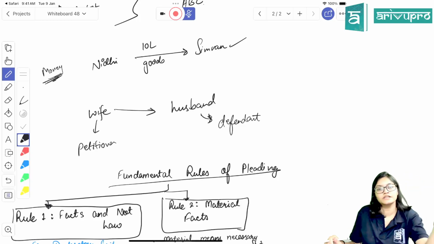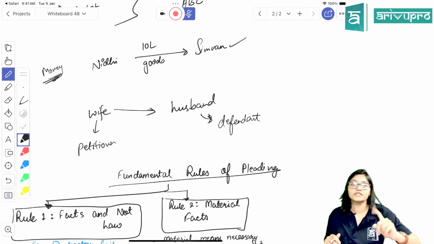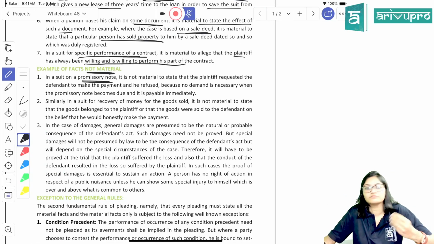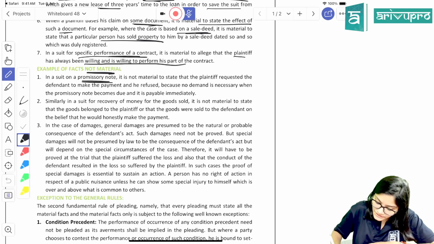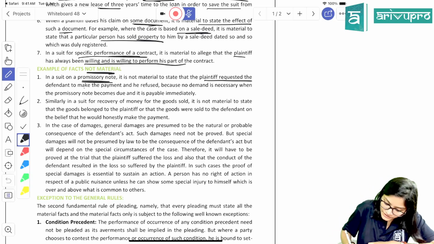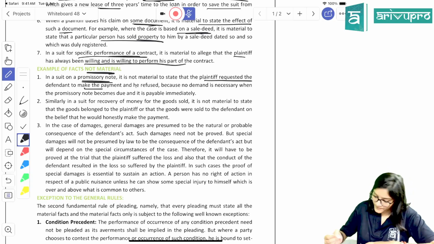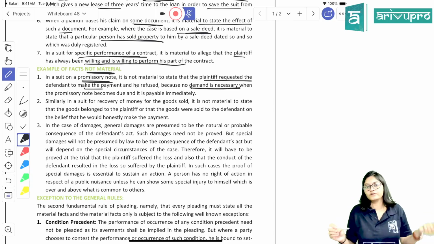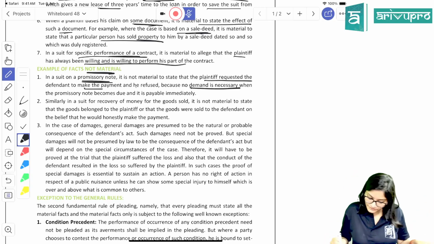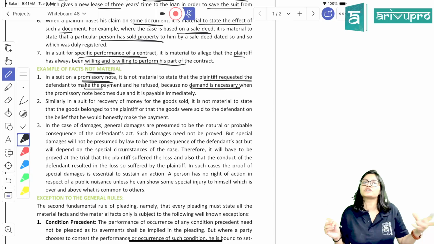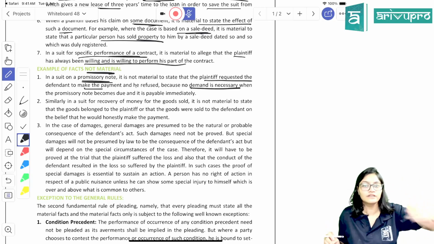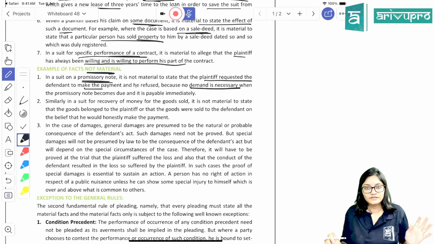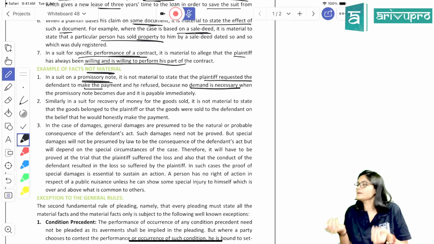It is by default Simran is promising, whereas in a bill of exchange, I need to demand, correct? So in a promissory note, it is not necessary to mention this fact. It is not material to state that the plaintiff requested the defendant to make the payment and he refused. Why? Because no demand is necessary when it is a promissory note. When the due date comes, you have to pay immediately, right? So here you don't need to mention that I called Simran 3 times, I have sent a mail, I have sent a notice, because a promissory note itself means that. So here, this becomes an immaterial fact.